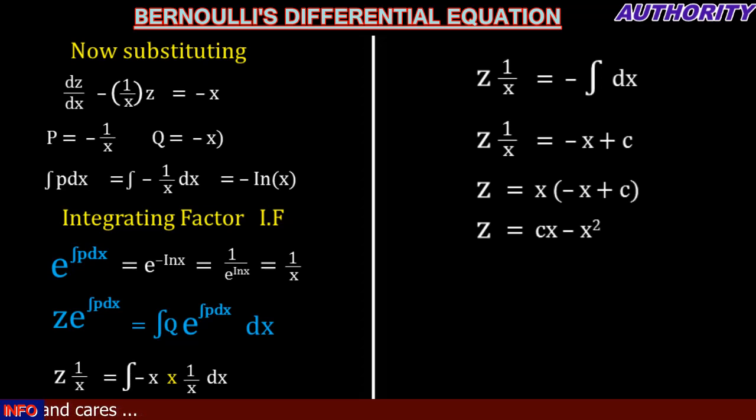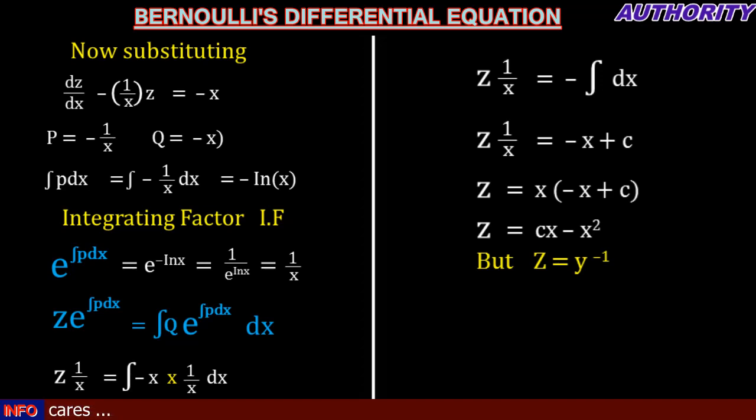All right? Good. But you remember that z is equal to y raised to power minus 1. Now, we want to replace the z with the value y raised to power minus 1.